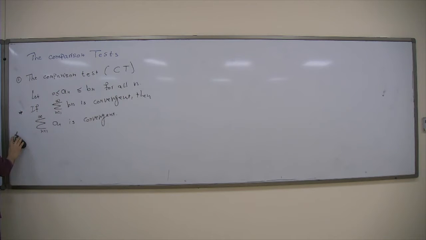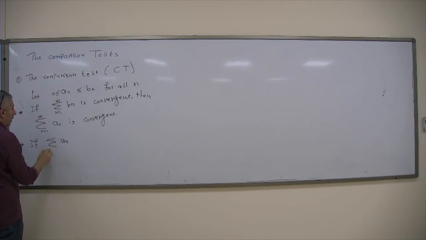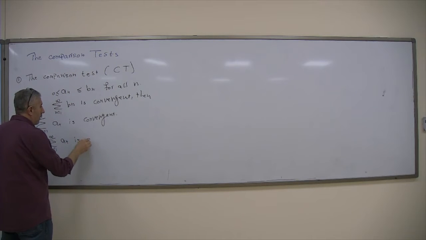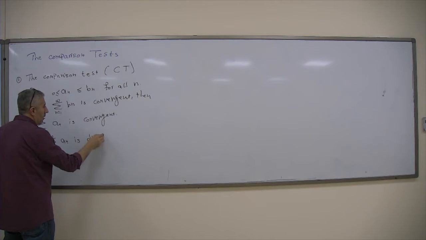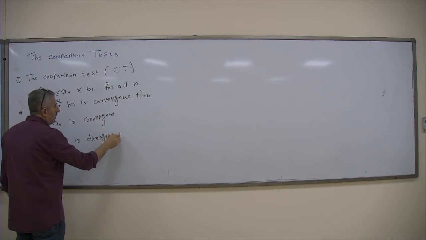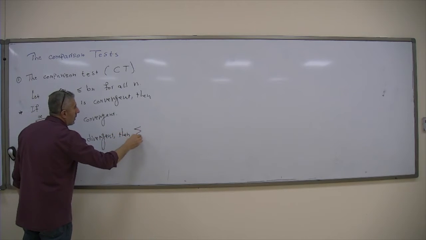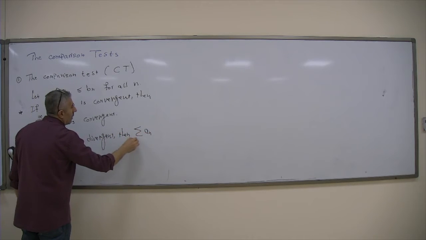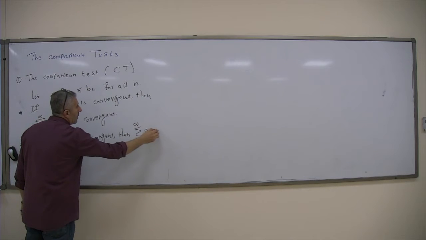That's the first statement. The second statement: if the smaller one, if summation A_n, n from 1 to infinity, is divergent, then summation B_n, n from 1 to infinity, is divergent.